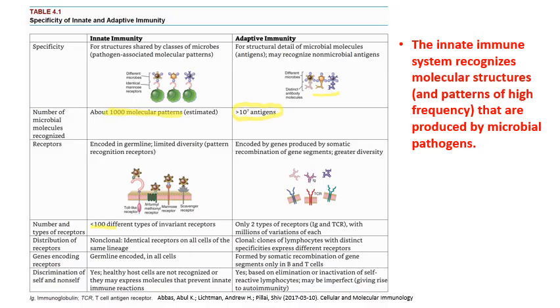I mean, just like 10 to the 7. 1, 2, 3, 4, 5, 6, 7. That many, kind of this many, okay? A lot. And your adaptive immune system receptors, those are the ones that undergo genetic recombination. Okay, so you have basically infinite number of receptors that you can produce.